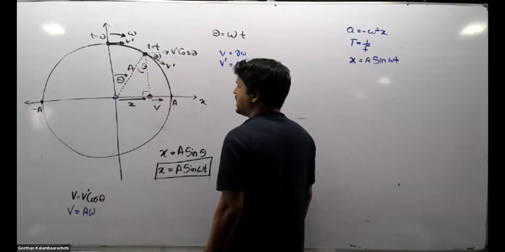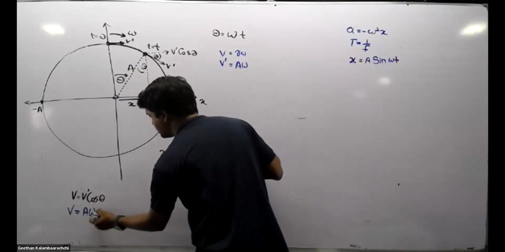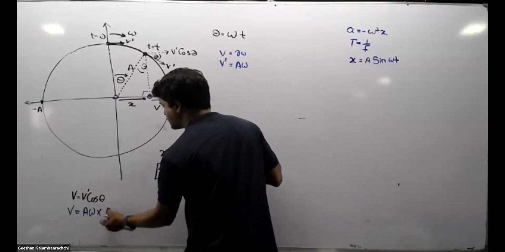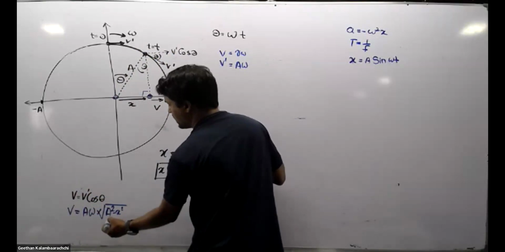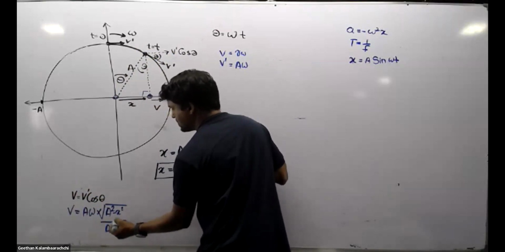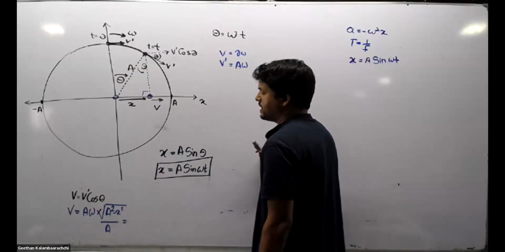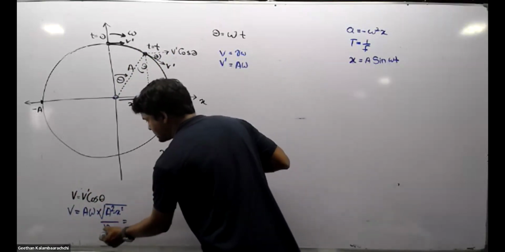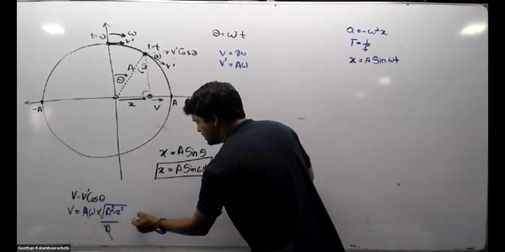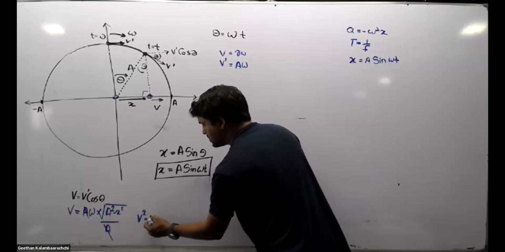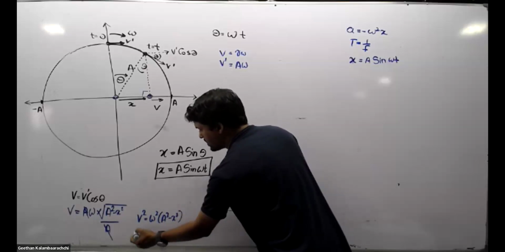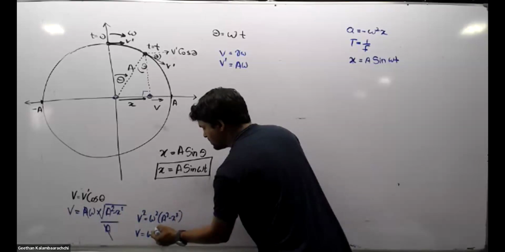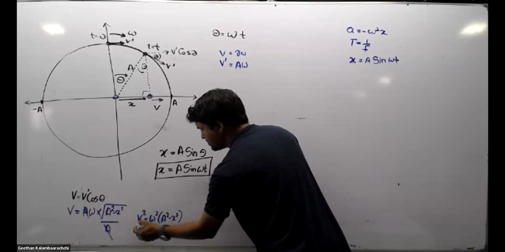The adjacent by hypotenuse is cos theta. The adjacent is the square root of A squared minus x squared, divided by A. So A is getting cancelled. What do you get? V squared equals omega squared into A squared minus x squared. Or V equals omega times the square root of A squared minus x squared.